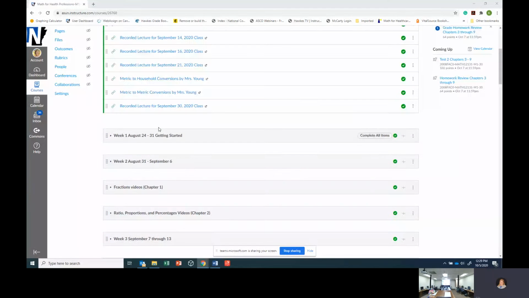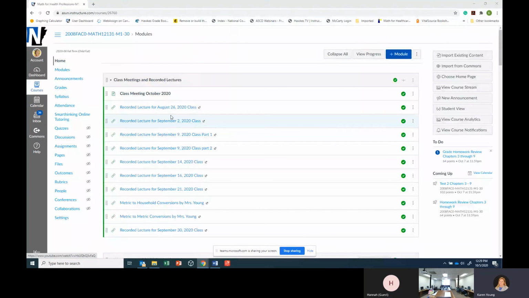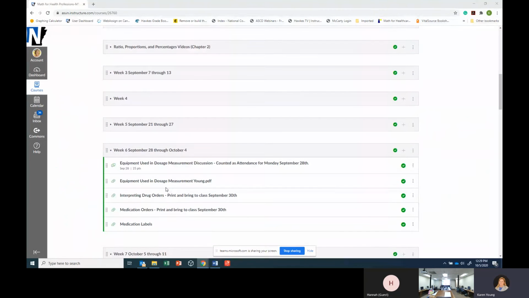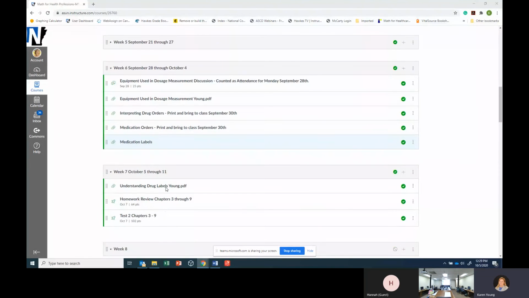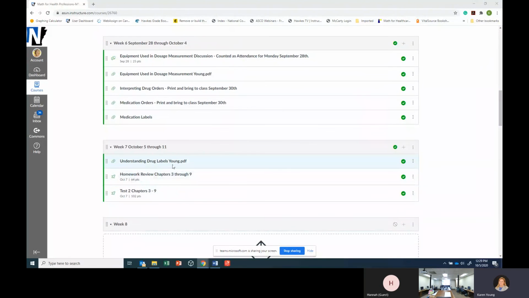Okay, so we got our class meetings. I'll have this one up. Understanding the drug labels. That's the handout. That's the notes. It's not this handout. I'll put this handout up there, and I'll finish filling it out and put the answer key to it also.